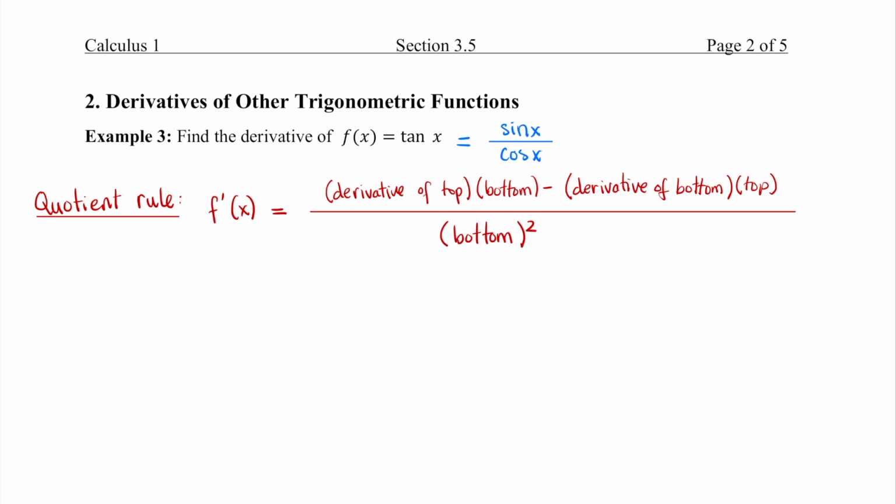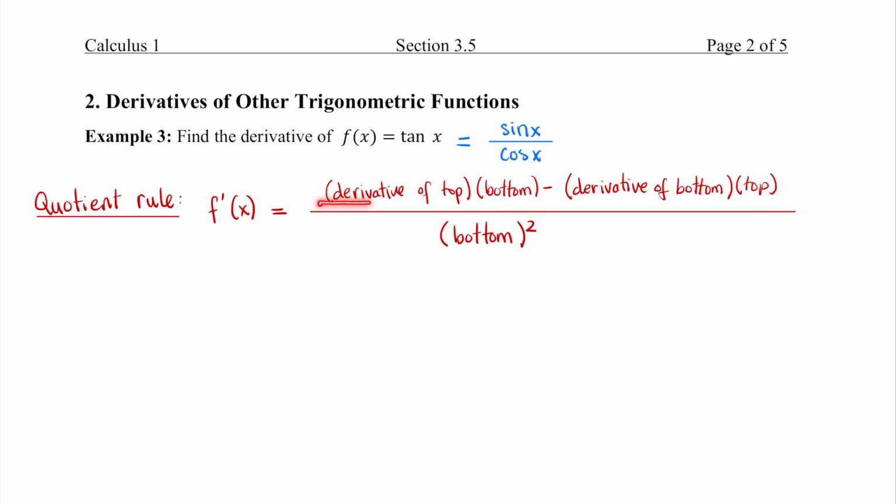The quotient rule says that we take the derivative of the top function times the bottom function, minus the derivative of the bottom function times the top function, divided by the bottom function squared.